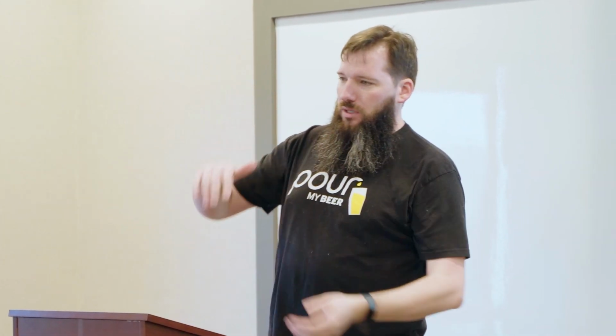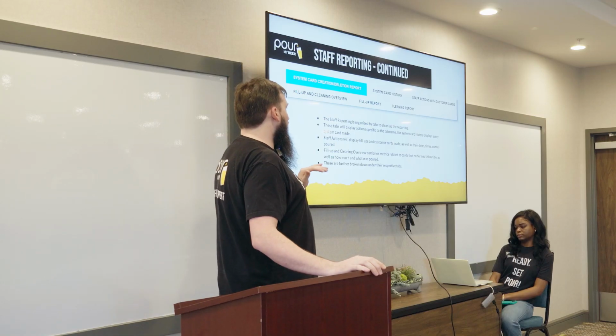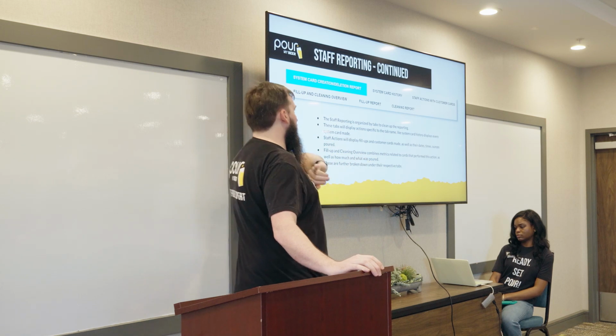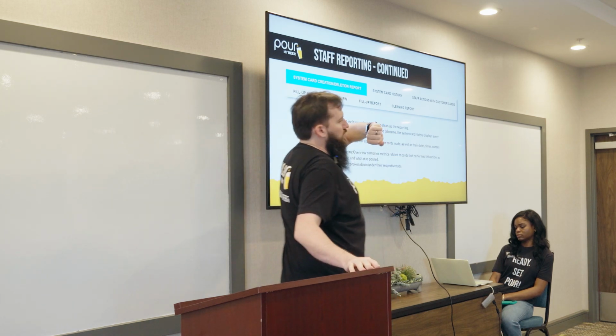So if a customer watches someone whiff their whole pour and they got three-quarters of the glass foam, they'd be like, well, stop. Let me do that for you and teach them how to do it. They basically give a complimentary glass of beer to the customer to teach them how to pour, because a glass of foam is not a great experience for anybody. But that is called a fill-up, and that gets added to the fill-up report.